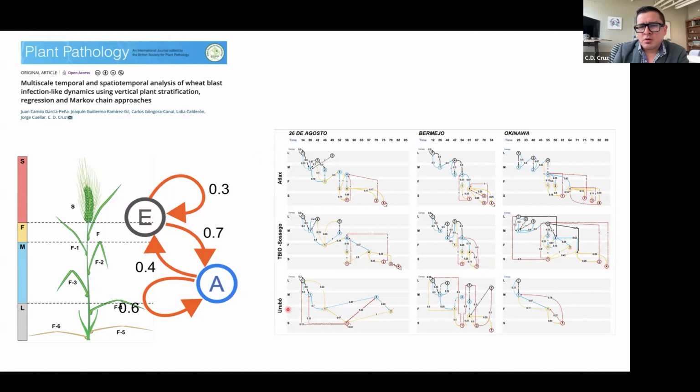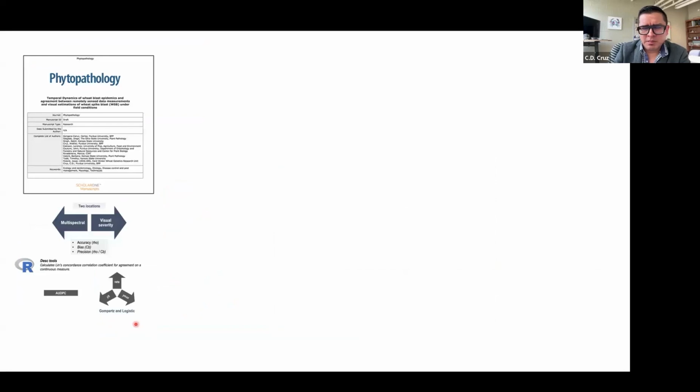And so what we found, again, I guess we reconfirmed, is that the epidemic actually was starting from the lower canopy. And then over time, it started to grow up and go up to the spike. And so again, the recommendation was to start looking at those lower leaves early enough and so make a decision as the epidemics start to develop, and not necessarily only during the spike development.